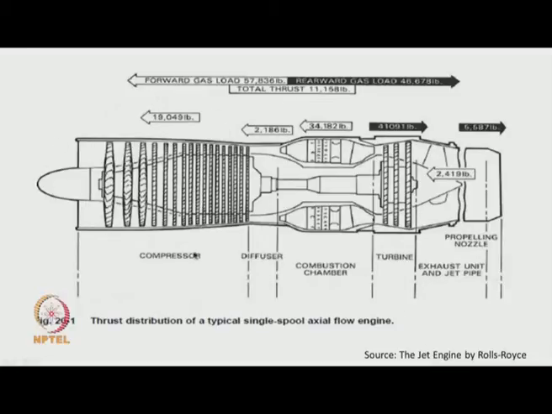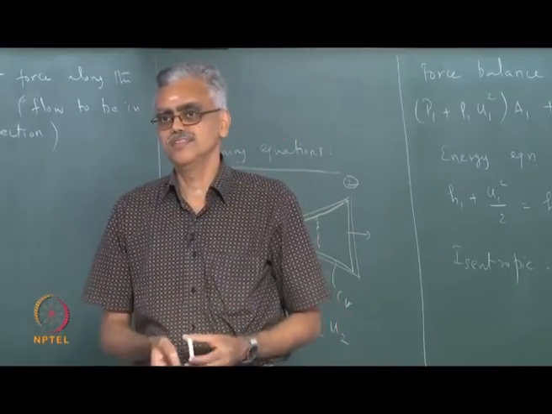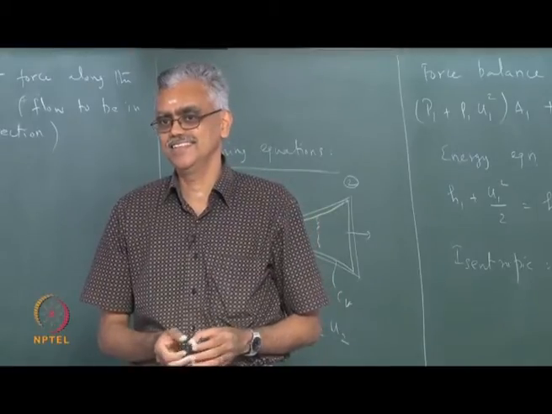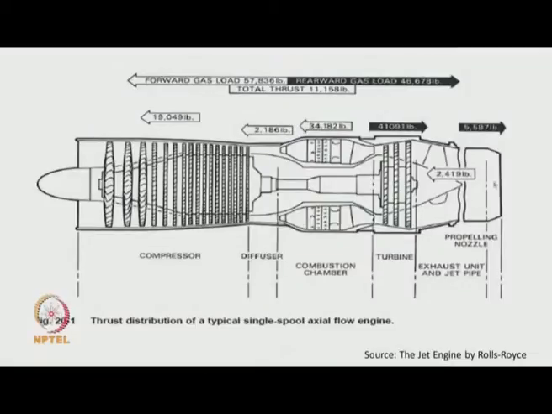Notice that positive thrust is produced by components like the compressor and the diffuser, whereas components like the turbine and the propulsion nozzle actually produce negative thrust or drag, which is a very unsettling thing to think about, because the nozzle is called a propulsion nozzle. It is supposed to produce thrust, not drag. So, you have to bear in mind that this is a very subtle concept, and you can see that the exhaust cone here also produces positive thrust.